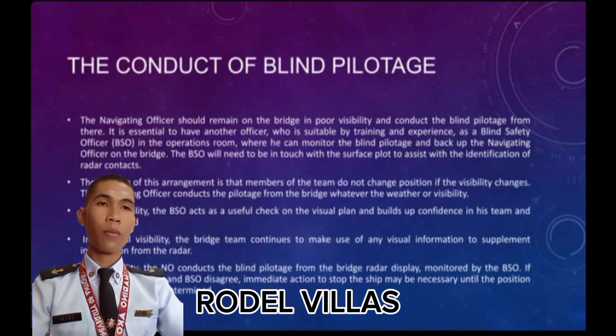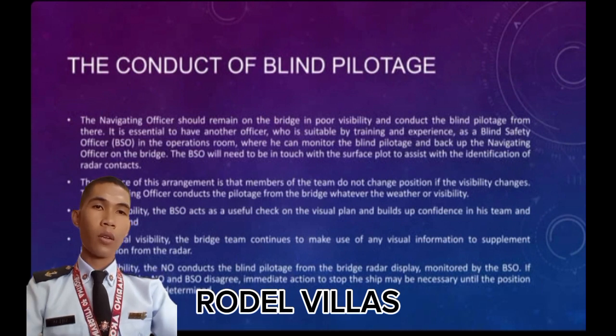The conduct of blind pilotage. The navigating officer should remain on the bridge in poor visibility and conduct the blind pilotage. It is essential to have another officer, suitable by training and experience, as a blind safety officer in the operations room, where he can monitor the blind pilotage and back up the navigating officer on the bridge.